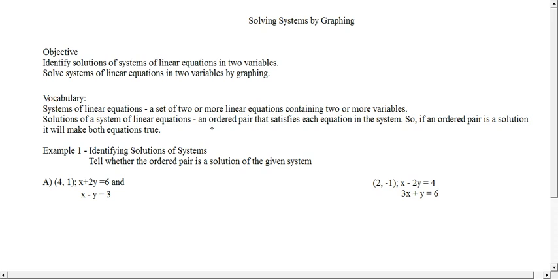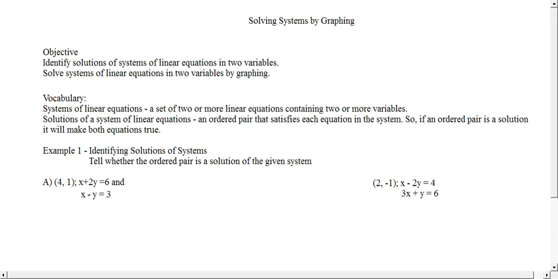An ordered pair that satisfies each equation in the system would be a solution to that system. So if an ordered pair is a solution, it will make both equations, or three equations, true; it all depends, because we're talking about two or more. Right now we're just going to deal with two, so both equations will be true.